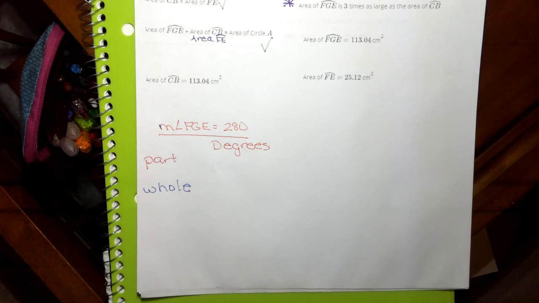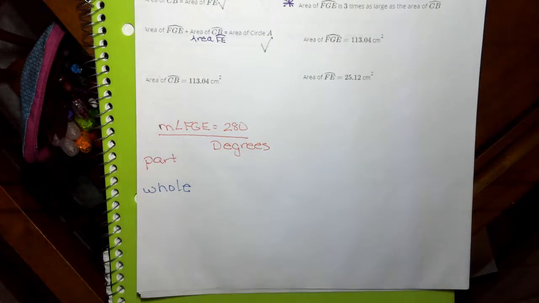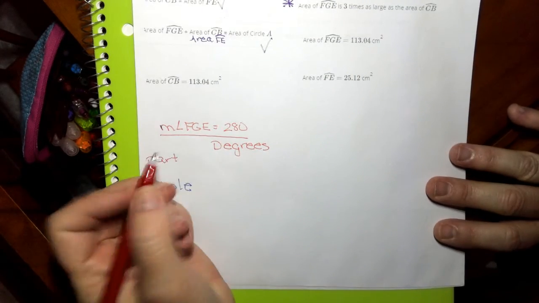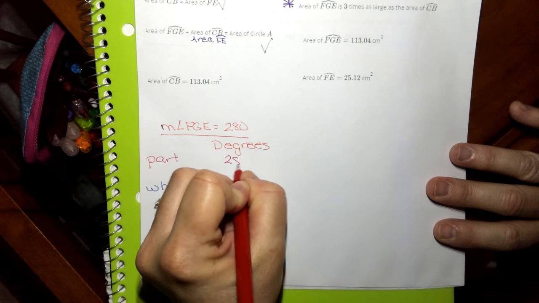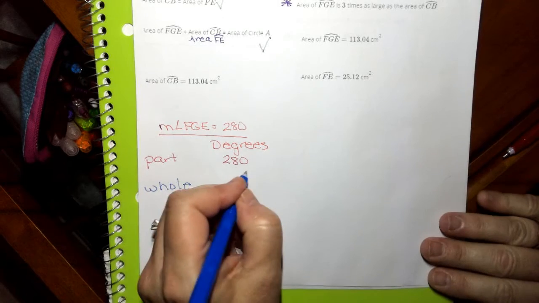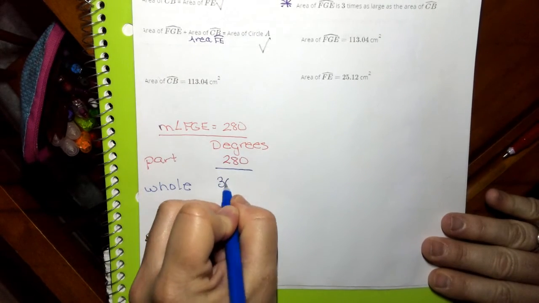So I'm going to look at my circle over here, and the measurement in degrees for that FGE is 280. Underneath, I'm going to write the whole, and we know the whole is 360.